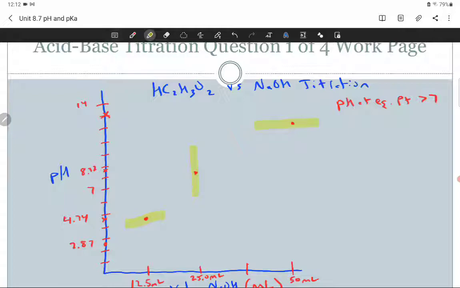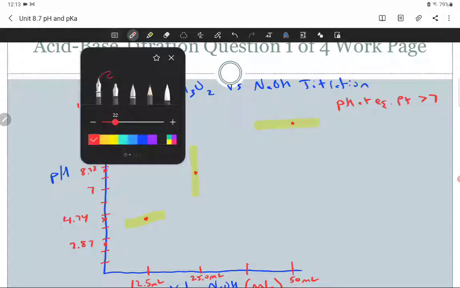Remember that at the halfway point, that 4.74 pH at 12.5 milliliters, that's a perfect buffer, so it should be able to resist pH change, meaning that it should be fairly horizontal. Equivalence point, very, very vertical, and then so forth with our last point. So we'll just do the best we can here to get this to happen.